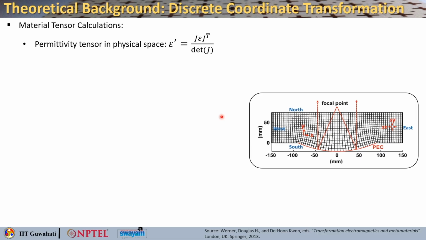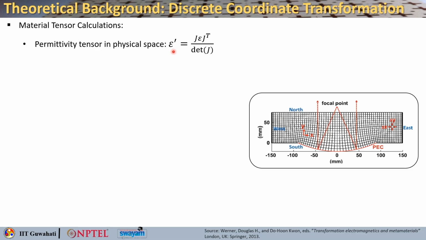So, you have to find out what the transformation is. We have already seen that the transformation can be mapped onto the physical property of the material. So, you have to find the new permittivity tensor that will absorb this coordinate transformation into it.